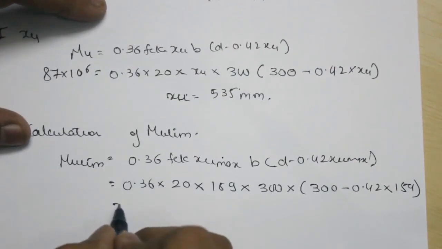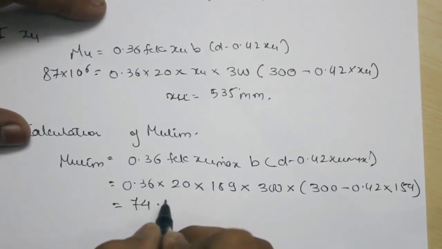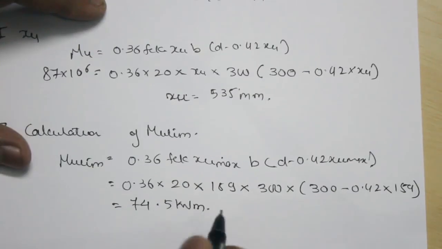If we solve this, the value of ultimate moment of resistance is 74.5 kilonewton meter.